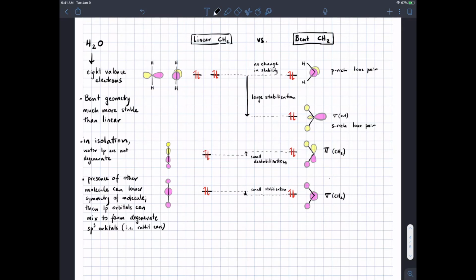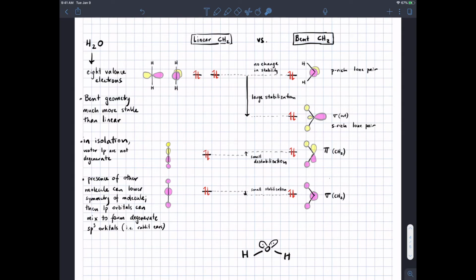How many times have you drawn or thought about lone pairs on water as being spotted rabbit ears, right? And actually that's not a bad approximation for what happens in solution. When water molecules are near each other, you break the symmetry, and that actually can cause some rehybridization of these two orbitals to generate two roughly sp3 hybridized orbitals for the lone pairs.